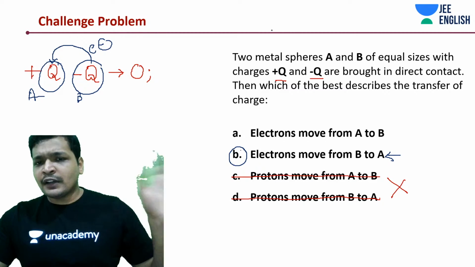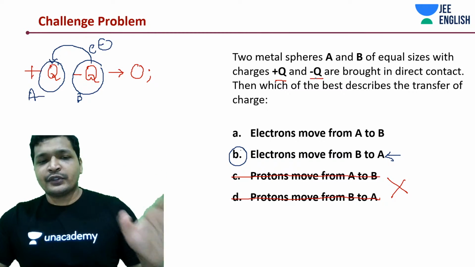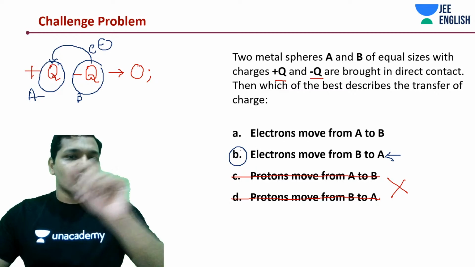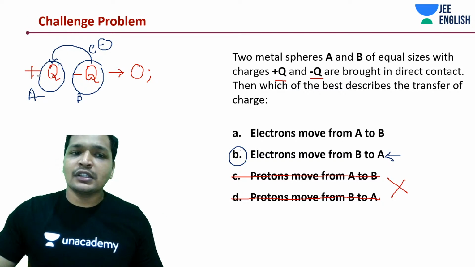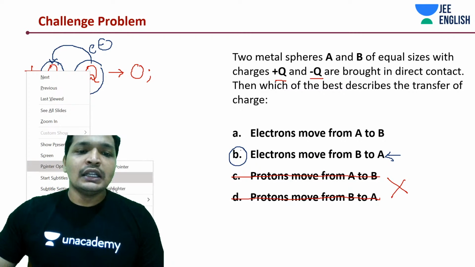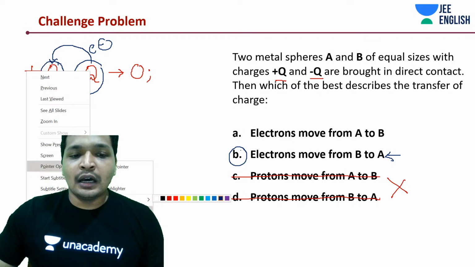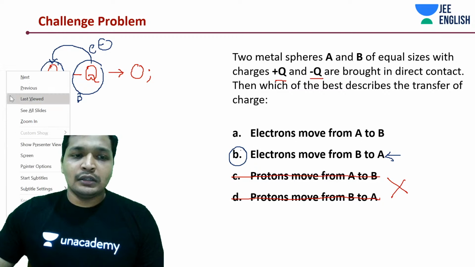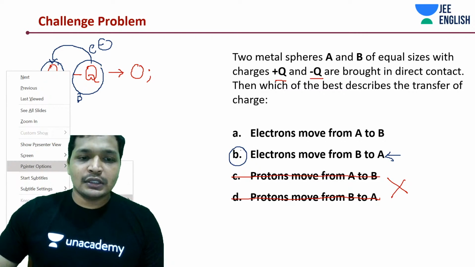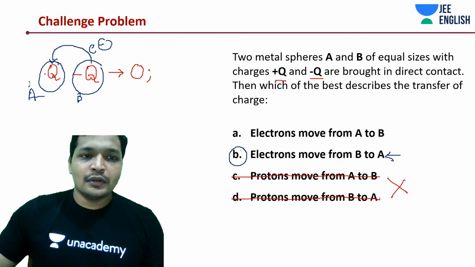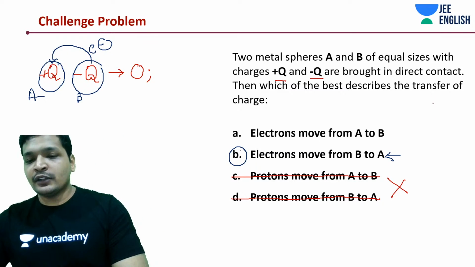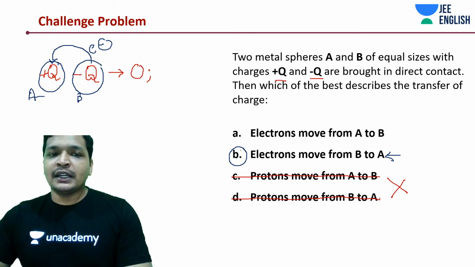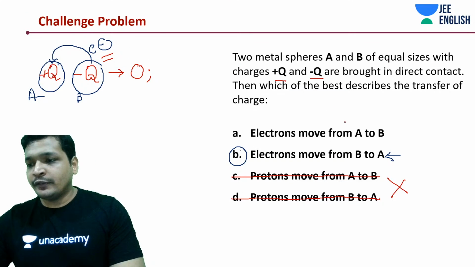Even if you don't know this point of electrostatic potential, still only electrons will flow. Electrons will flow from the one that has an excess number of electrons to the other one which has a lesser number or does not have enough electrons. Really simple, really conceptual. So it does not flow from A to B. There is no explanation required for that.